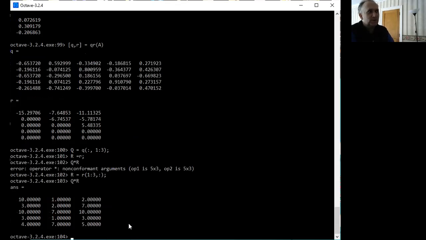So if I just want the least squares, remember we have AX equals B, right? And we're trying to find the least square solution.